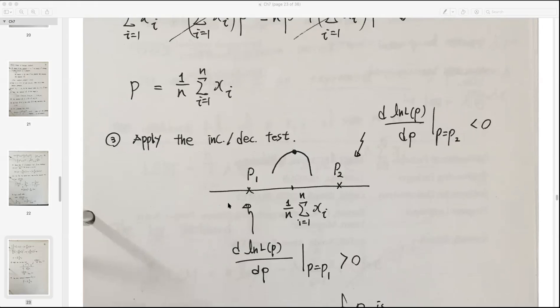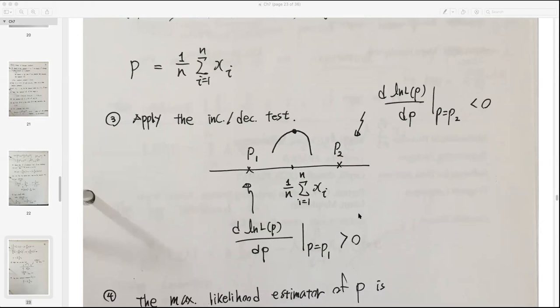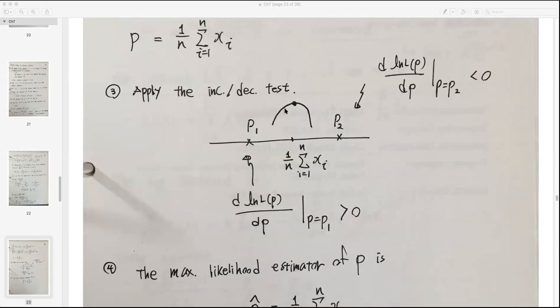Now we pick test points. We divide the number line at the critical value into two intervals, the first interval and the second interval, and we pick a test point in each interval.